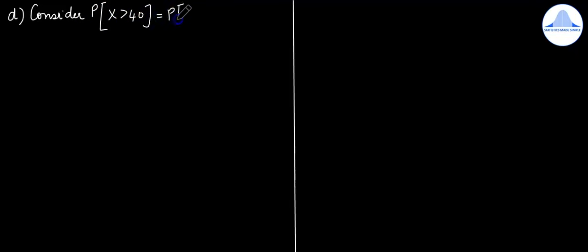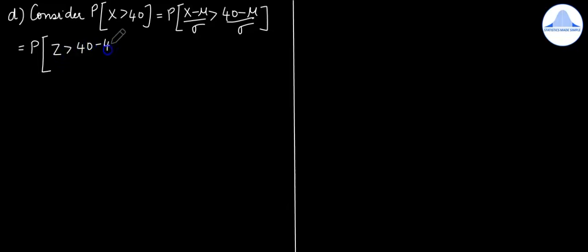This is equal to probability of (x minus mu) by sigma is greater than 40 minus mu divided by sigma, which is equal to probability of z greater than 40 minus 42 divided by 4, which is equal to probability of z greater than minus 2 by 4, which is minus 0.5.